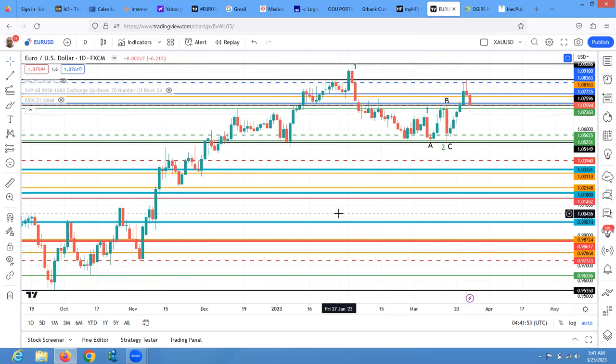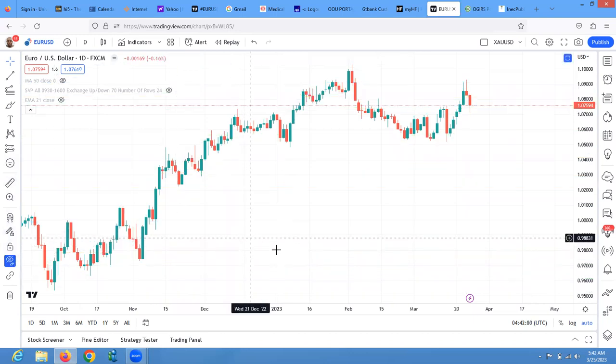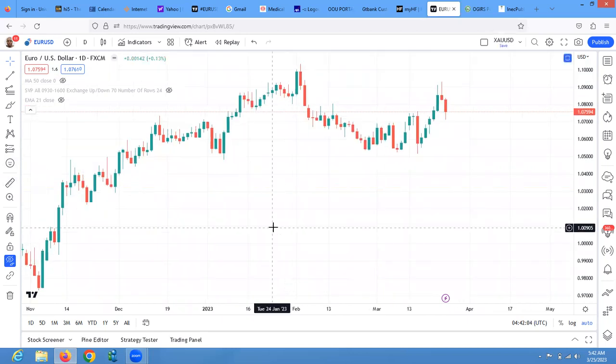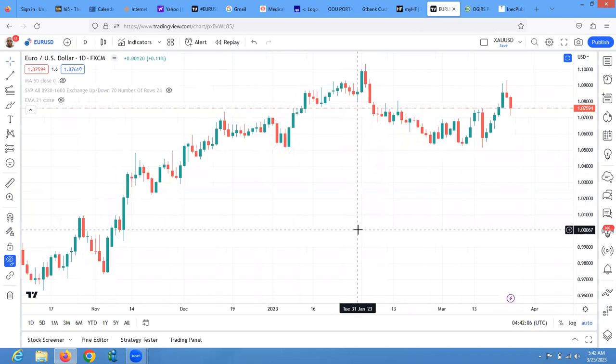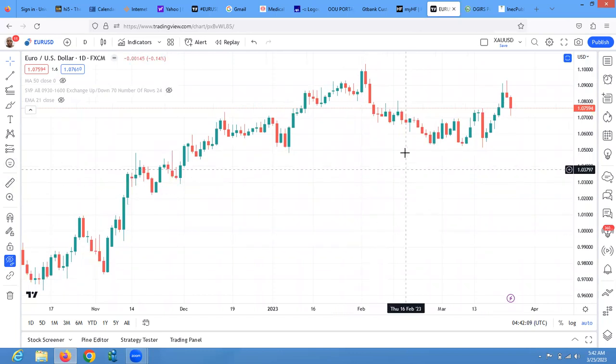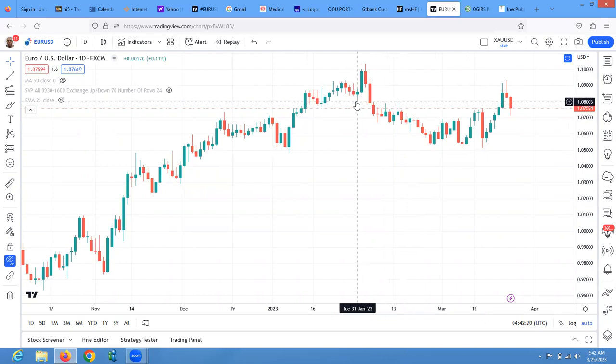Now, in terms of reading structure, which is very important for us to see, if we are to turn down more, I don't expect us to have broken this structure here, which is at that level where we saw support here and resistance here. But this price had broken it.